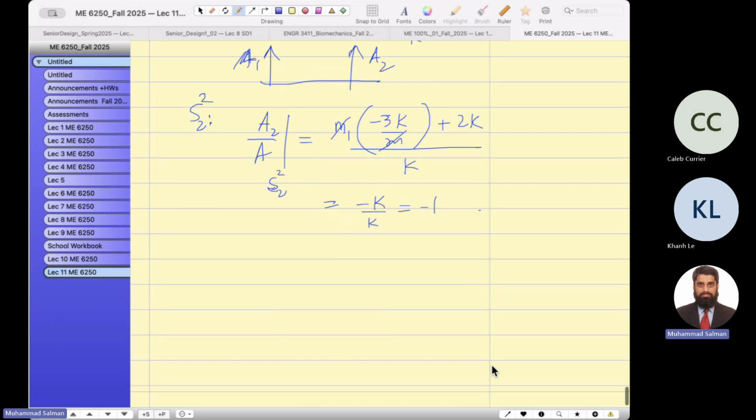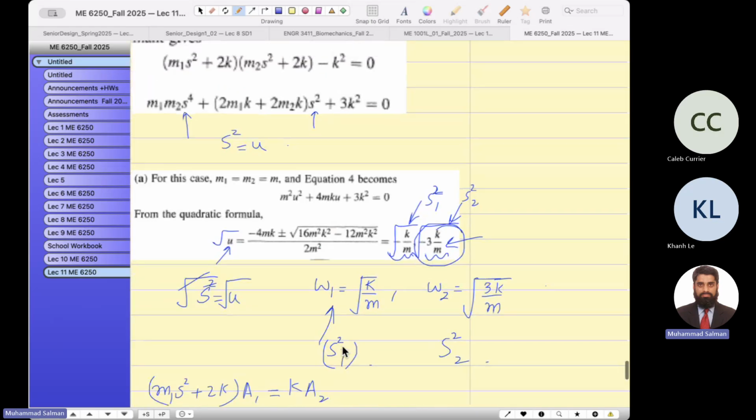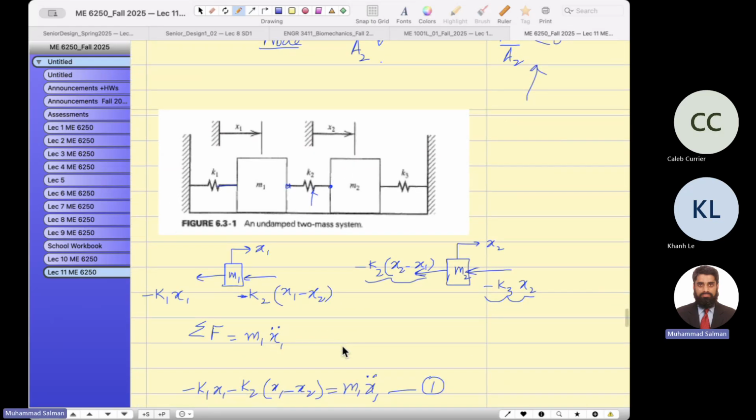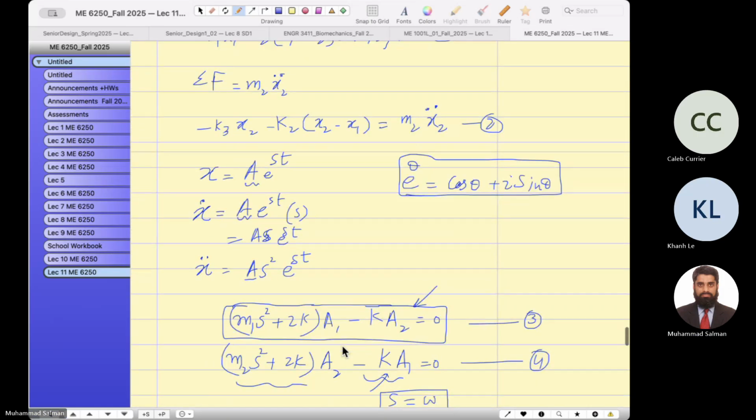So it means that A2 and A1 are moving relative to the datum line, one moving up, the other moving down. You agree with your professor? And if you join them, this is a node. A node means that if there is a spring, then there is a point between the springs that is not moving.